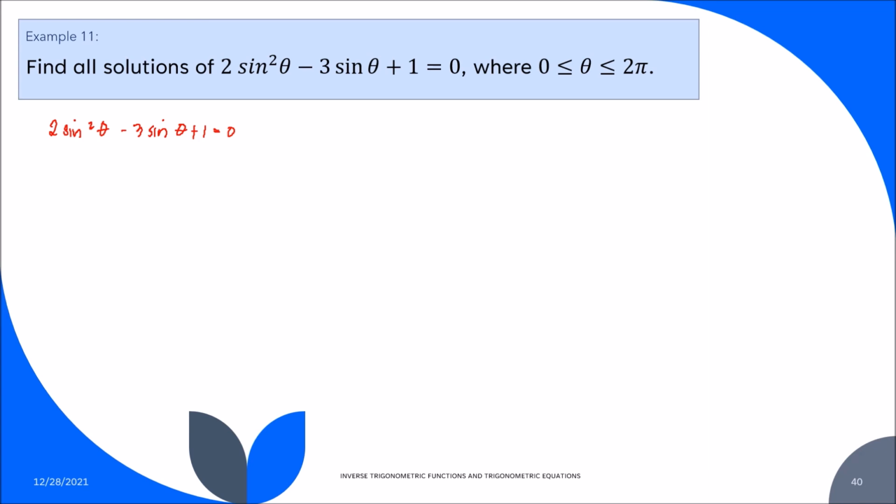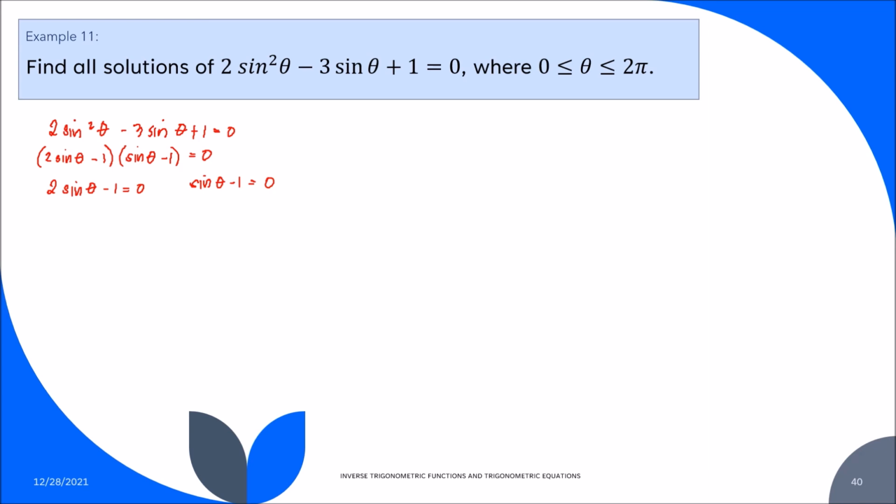So we can factor this as 2 sine theta minus 1 times sine theta minus 1 equals 0. Now, equating each factor to 0, we will have 2 sine theta minus 1 equals 0, and sine theta minus 1 equals 0.